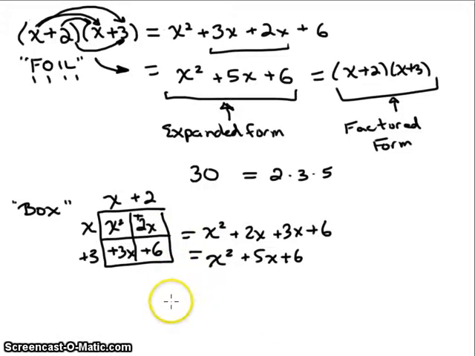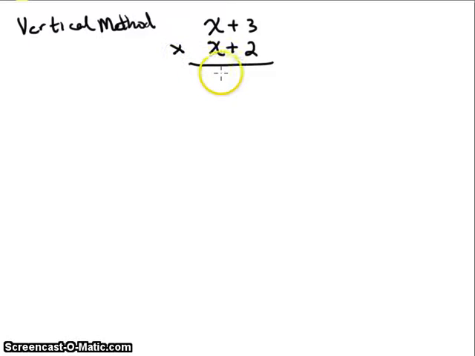There's also a third method that you may consider, and this is called the vertical method. And the reason that this might be useful is just because it looks like multiplication that you've done before. So I'm going to be multiplying these terms together, and so I can take 3 times 2 gives me 6, 2 times x gives me 2x, I have a plus sign in between.